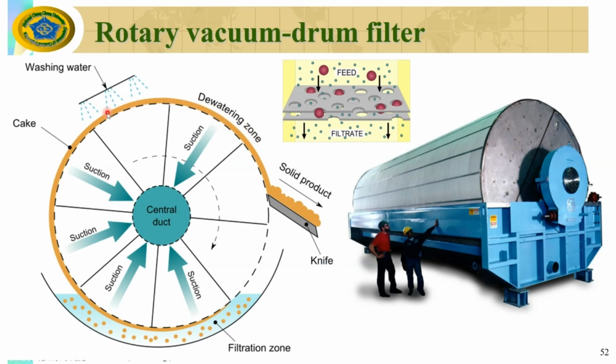Because you wash these products and dewater, and you have a knife here. A knife will take out these solid products, so you get the products. This is industrial filtration. You can do this continuously, right?